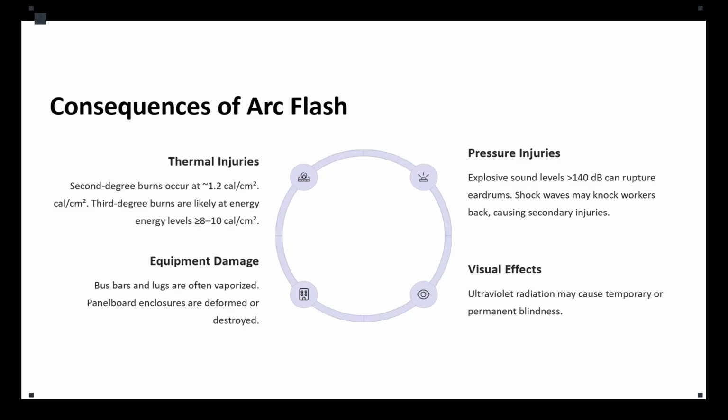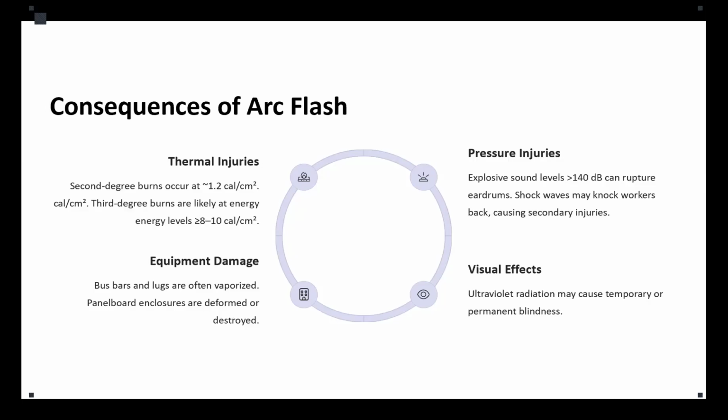We categorize the consequences into four primary impact areas. One is the thermal injuries. An arc flash, as we said, can generate heat of up to 35,000 degrees Fahrenheit.